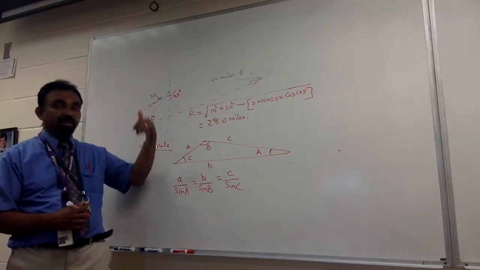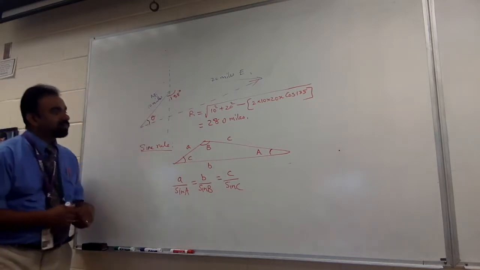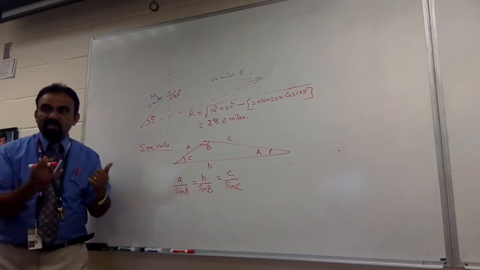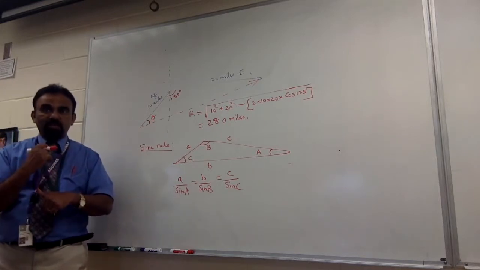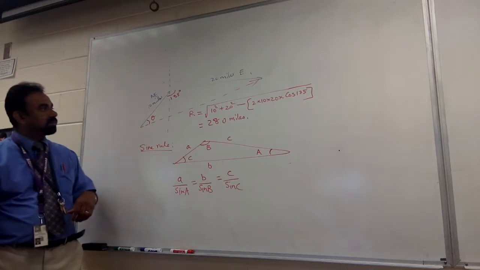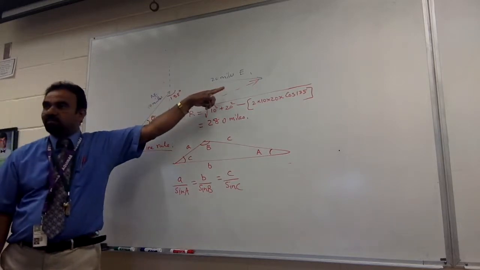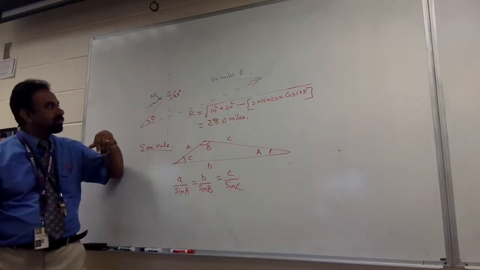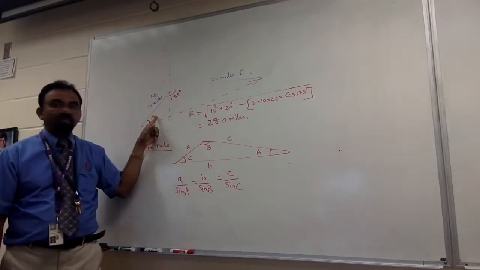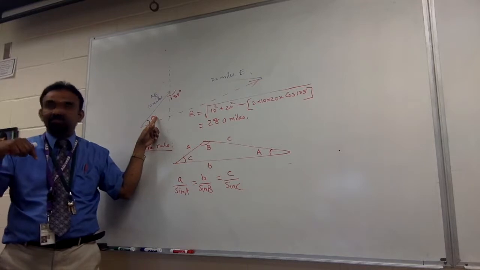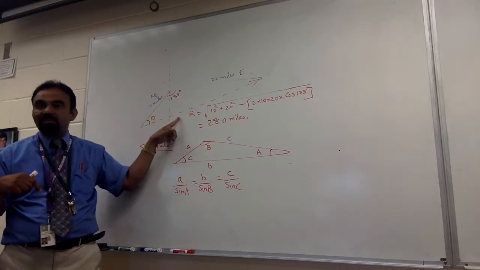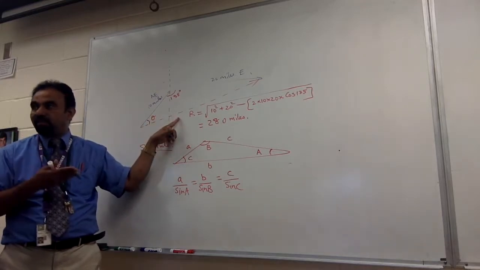And how do I apply that here? Find out if you have a side and an angle corresponding to it. We have a side here, but do you know that angle? So I can't use that. We have this side, and this is the angle that I need. Do you know this side? 28.